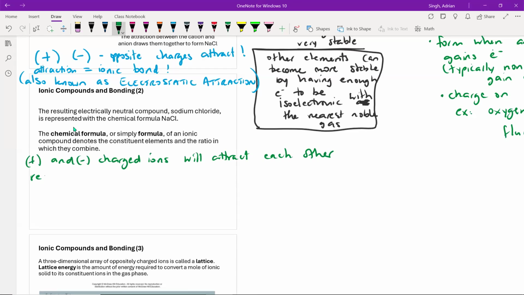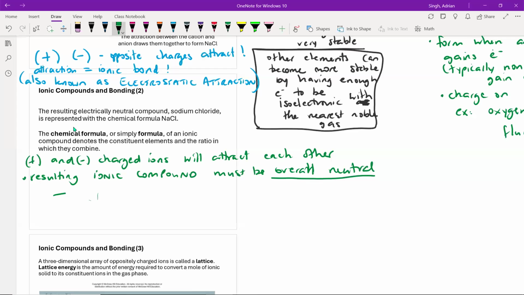And then the resulting ionic compound must be overall now neutral. This is a guiding principle for all of your ionic compounds. When you add together the positive charges and negative charges, you should get 0.